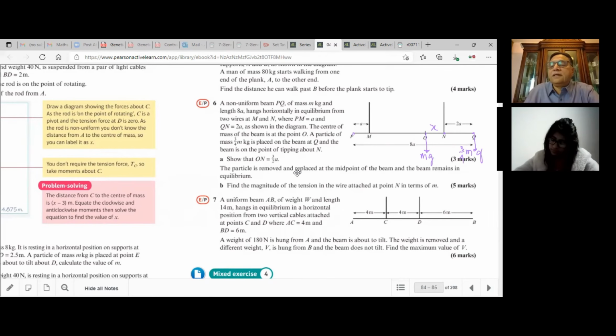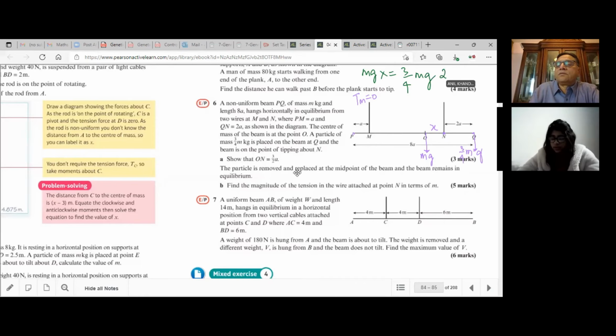Because it is tilting at N, the tension at M is 0, and we take moments about N. So mgx must equal 3/4 mg times 2a.